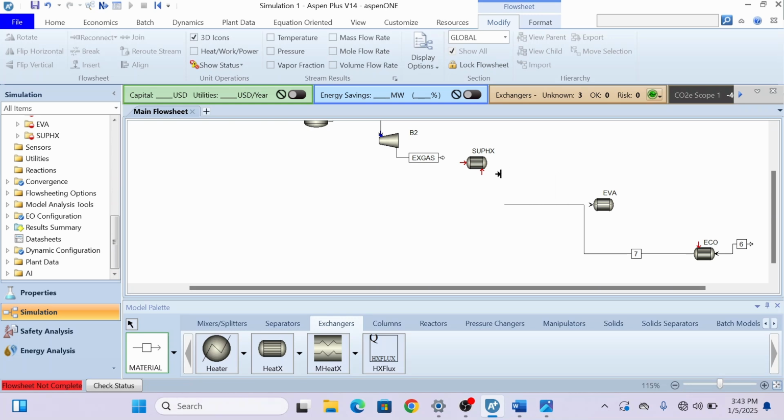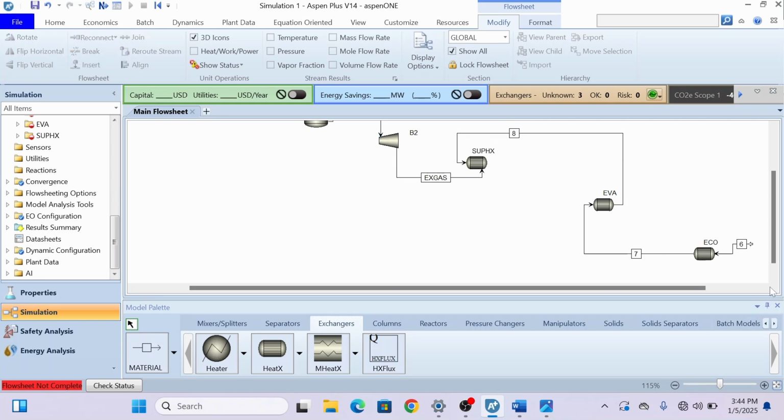Cold, and so here again I will press this, and this is my hot required. So for hot required, I will press this exhaust gases, and this is my cold required, and this is my hot gas. So I will press this, and this is my cold required.